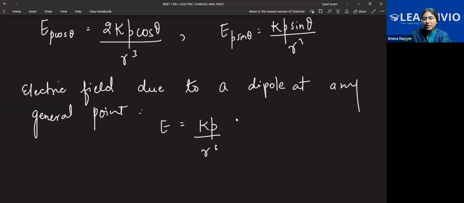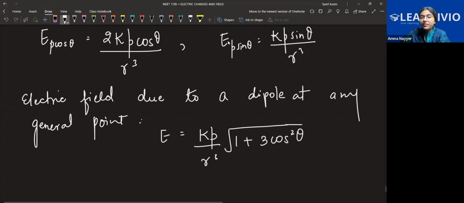Some things will be additional. You have to multiply this with under root 1 plus 3 cos square theta. This is the formula for the electric field due to a dipole at a general point.